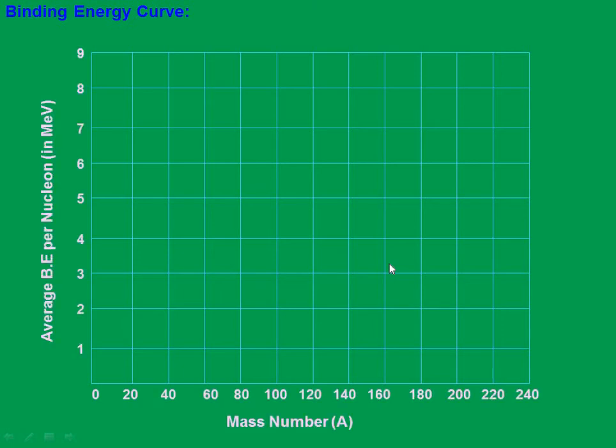Which you can notice here. I have taken mass number along the x-axis and average binding energy per nucleon along the y-axis. I am calling it binding energy per nucleon versus mass number. Okay, right. For different atoms, and of course isotopes, I have considered here: hydrogen 1-1, 1-2, helium, hydrogen 1-3, lithium 6, 7, beryllium isotopes, helium isotope again, carbon, nitrogen, fluorine, oxygen, neon, all the different isotopes along with atoms.